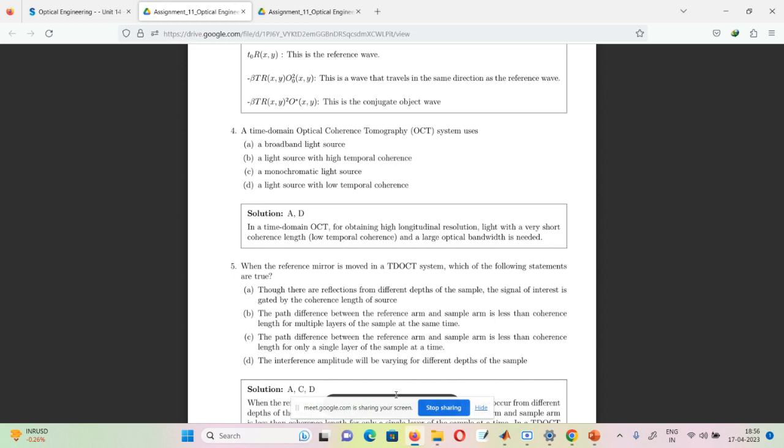So you can get your resolution by adjusting your mirror, and you don't want any information other than that. So in order to get all the information in the interference pattern, you don't want a high coherence length and high monochromaticity. You want a broadband light source, which has very low spectral purity and low temporal coherence. Okay.